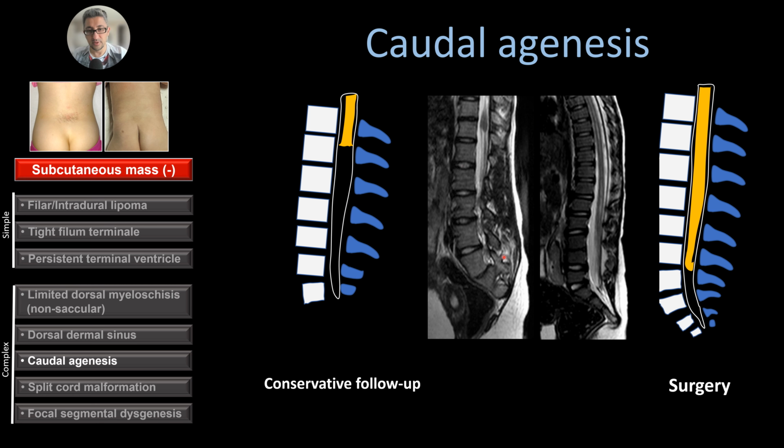In the severe caudal agenesis, the conus is in high position and it has a blunt ending. And in the milder form, there is a low-lying cord attached to the posterior aspect of the spinal canal.